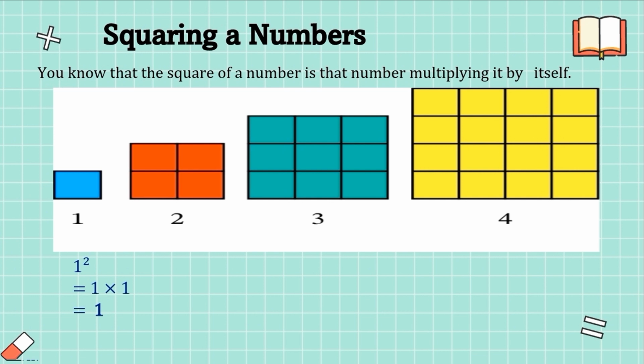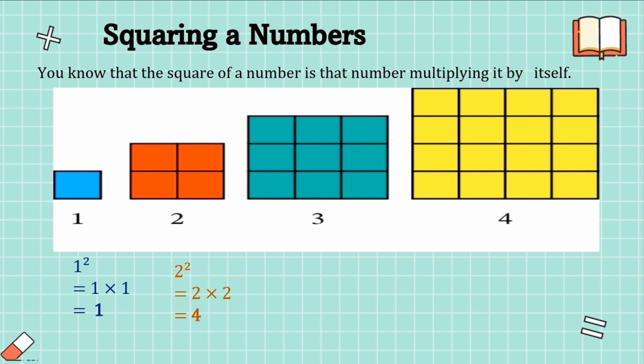And in number 2, we have 2 squared. Multiply the number by itself, 2 times 2. That gives us 4. But before I move on to number 3, I do want to mention why we call it squaring a number. If we take a look at a square, we can see why.